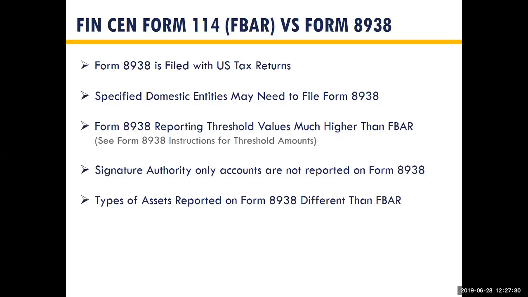Some domestic corporations may need to file 8938s if they're a specified domestic entity, which is defined as a closely held domestic corp or partnership where at least 50% of your gross income is passive, or 50% of your assets produce passive income. Then that entity would need to file an 8938.